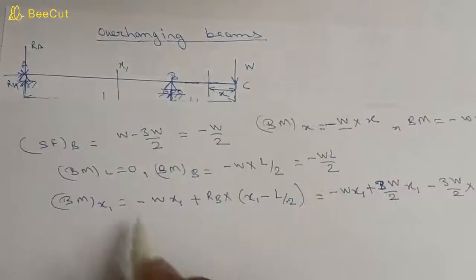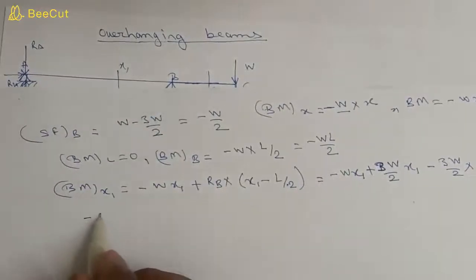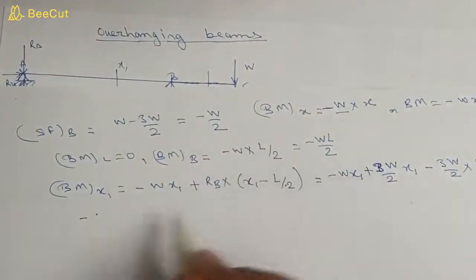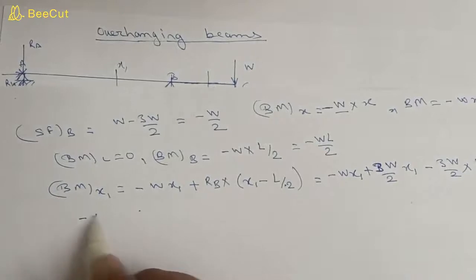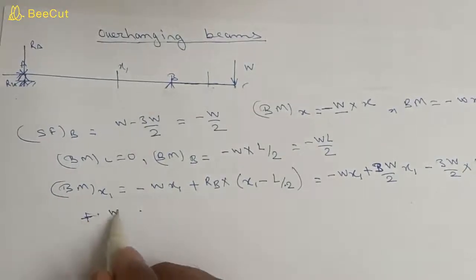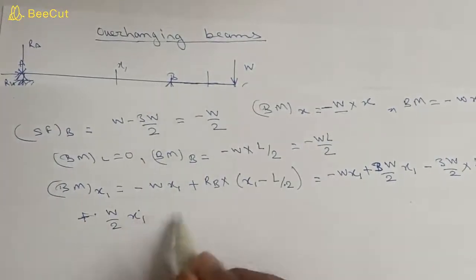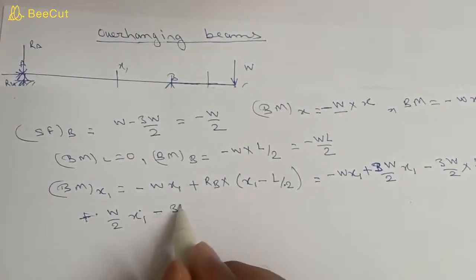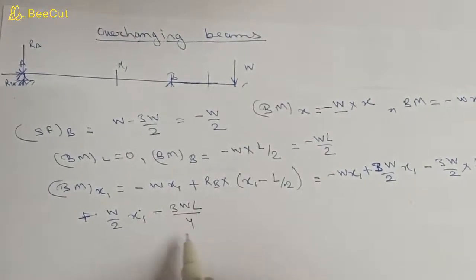So it will become minus Wx1 plus 3W by 2 x1, which becomes plus W by 2 x1, and minus 3WL by 4.